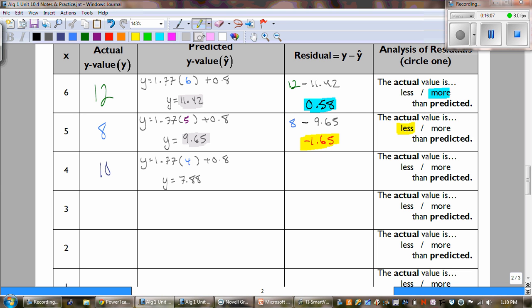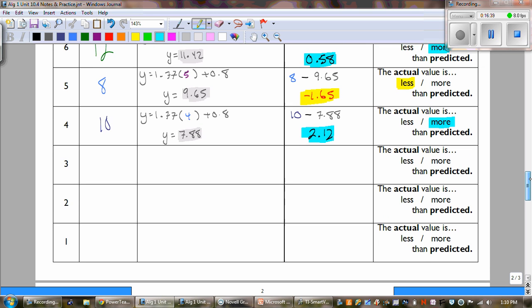The reason why I'm not showing you this work in a calculator is because you're just plugging it in. All right, and when we go to do the work, we're doing 10 minus the number we just found, the 7.88. And you should be able to tell right now if that's more or less. You get 2.12. And that answer is more.